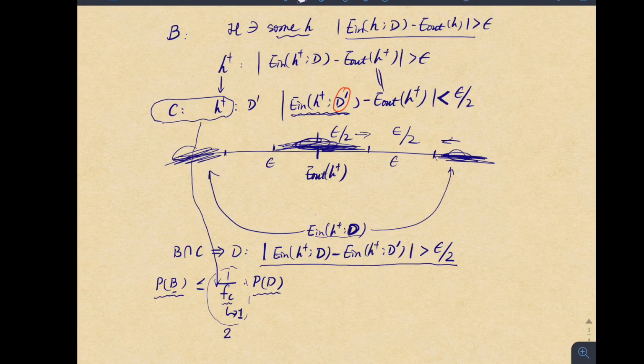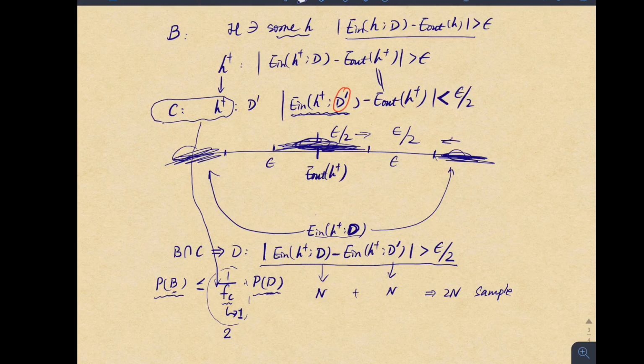So where is the big deal? Why do we change our focus from limiting the in-sample error within some range of the out-of-sample error to considering the chance of this bad event D, which means the in-sample errors on two independent data samples differ from each other very much?